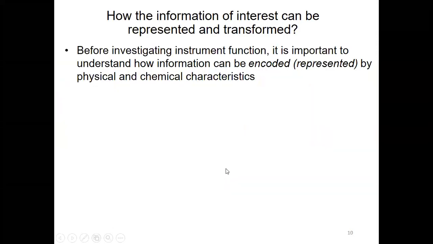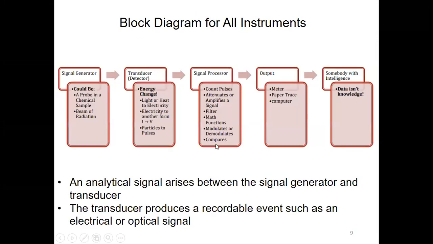Okay, sorry. Here, this is the block diagram of all instruments. All instruments have a signal generator, which can be a chemical sample or the radiation beam, and a transducer or detector. We will learn about the transducer in detail later.